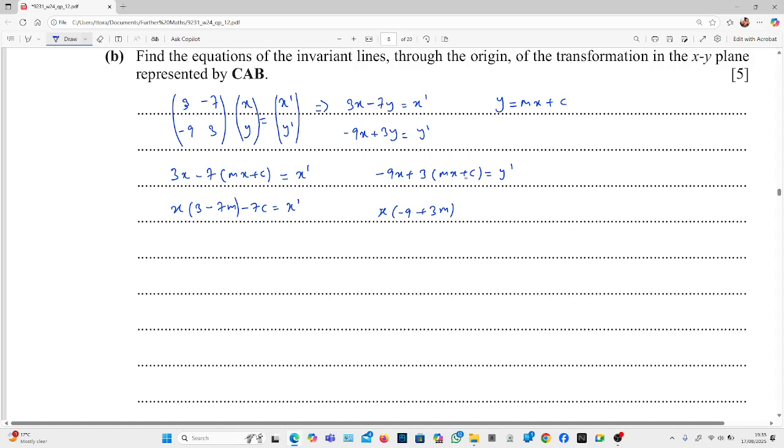Then minus 3 times c is plus 3c. And all of that should be equal to y prime, which is on the same invariant line, mx plus c here. So I'm going to say then y, which is mx plus c.